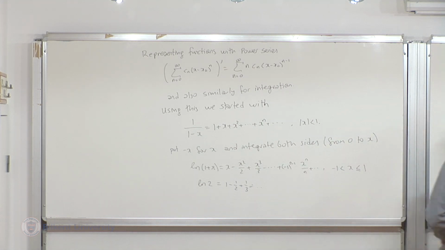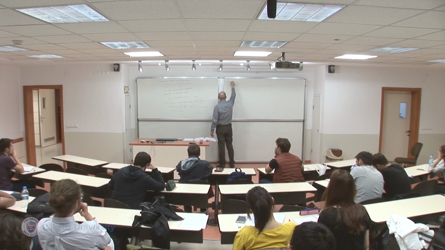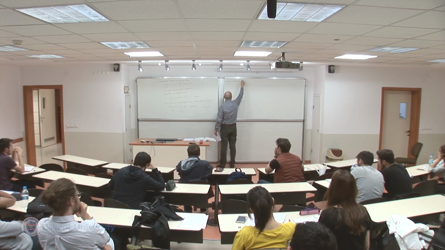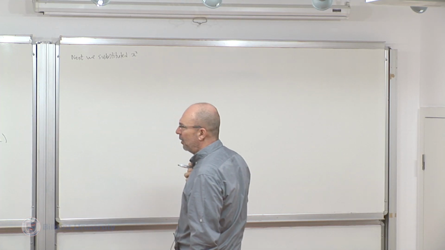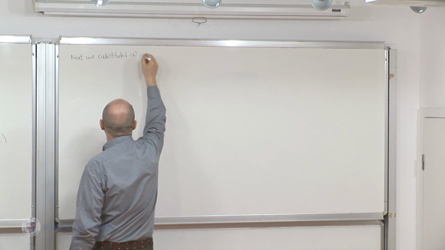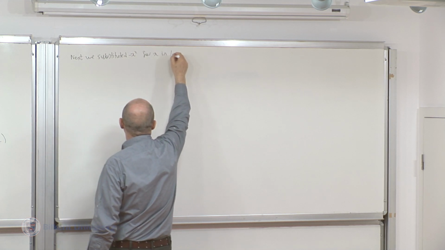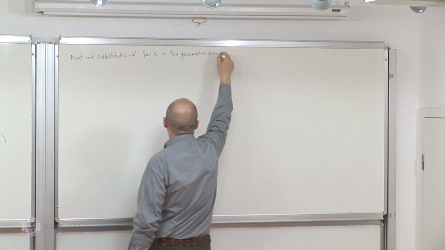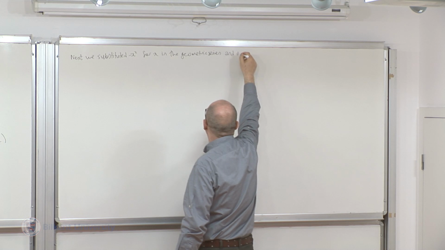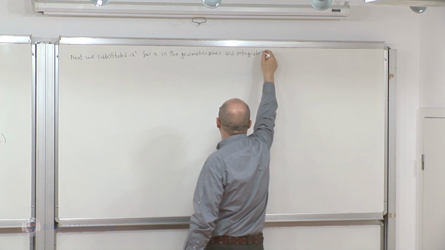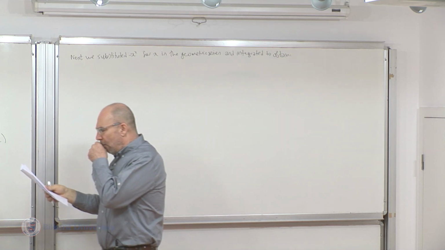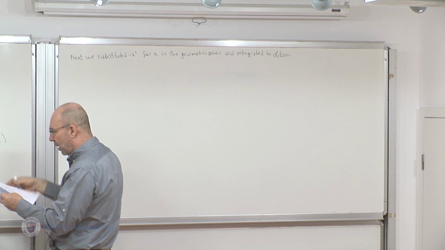We also had another substitution. So next, we substituted minus x squared for x in the geometric series, and integrated to obtain, you see, that's the arctangent part.